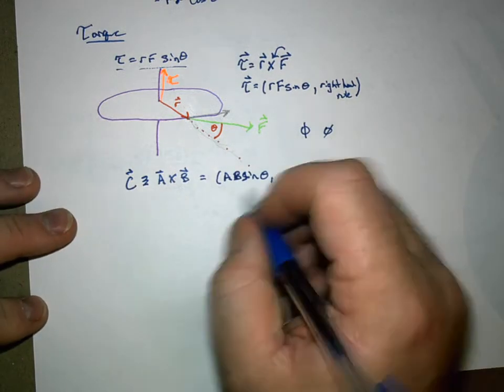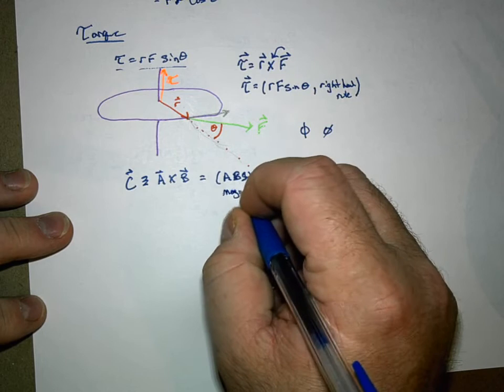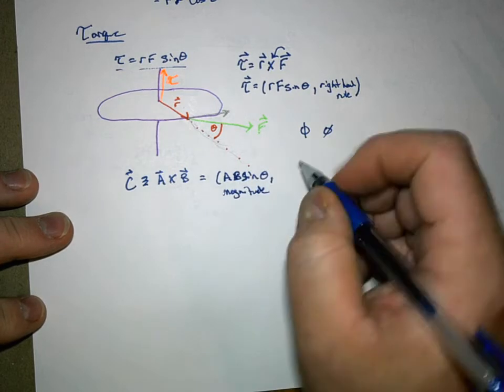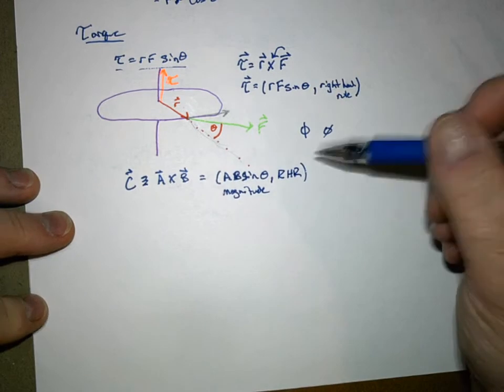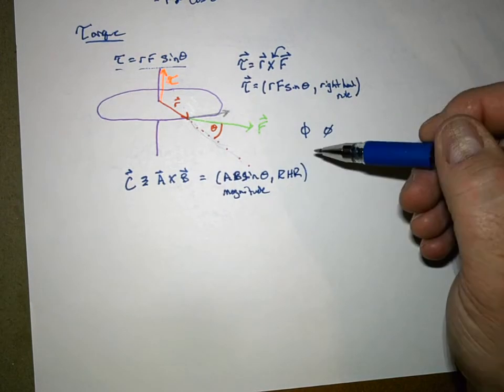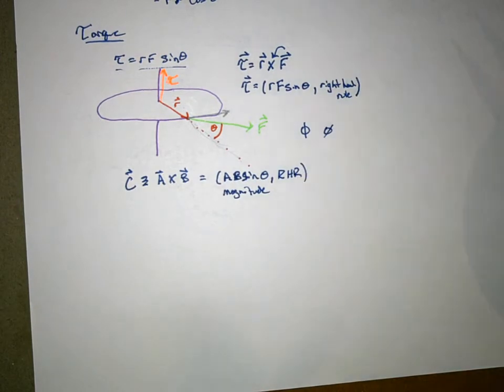So this is the magnitude. And then we use the right-hand rule, which forevermore in this class we'll refer to as RHR, to determine where the vector is.